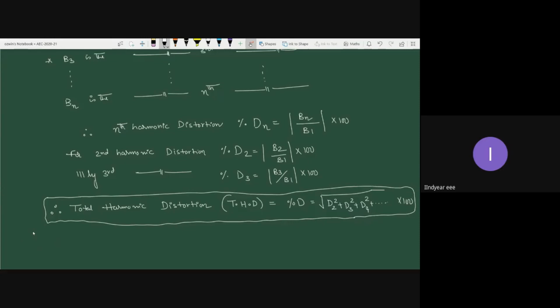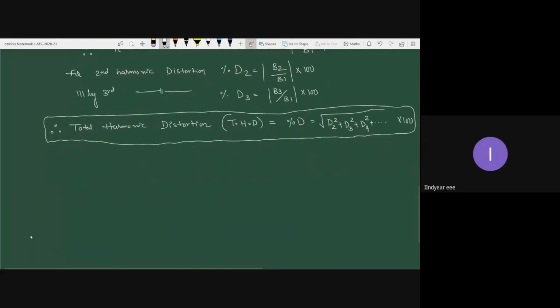Now let us look at an expression for the second order harmonic component. As I said in the beginning, out of so many harmonics, the second order harmonic component dominates, because it will have the largest amplitude amongst the lot.